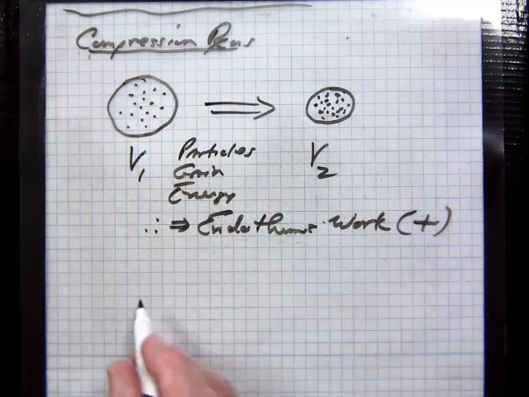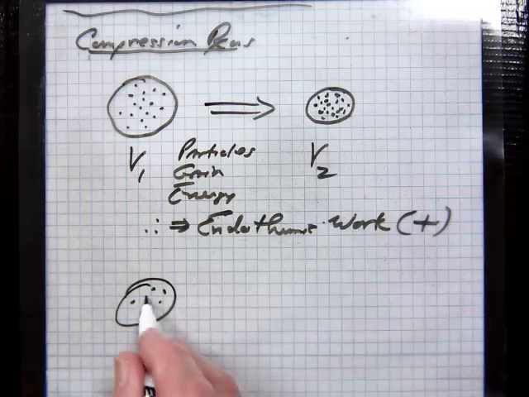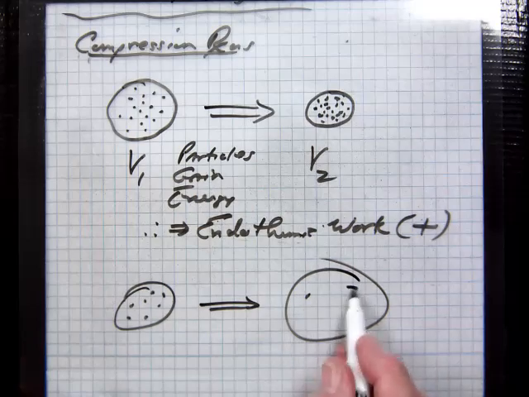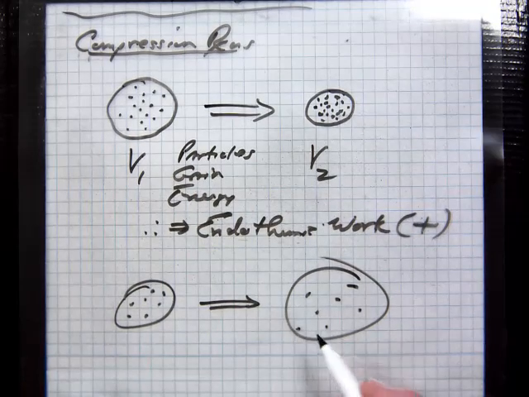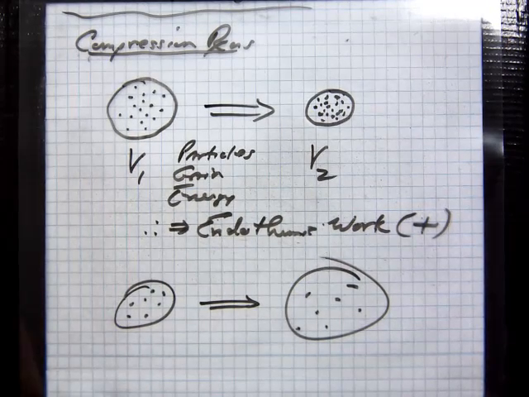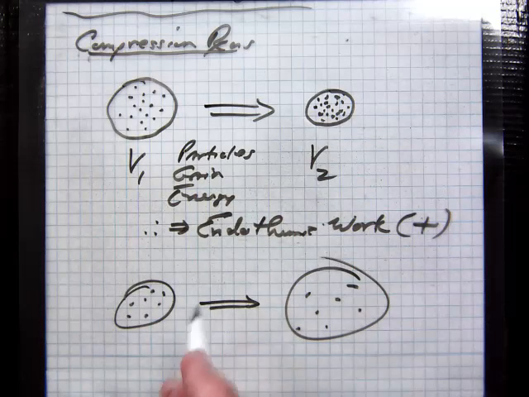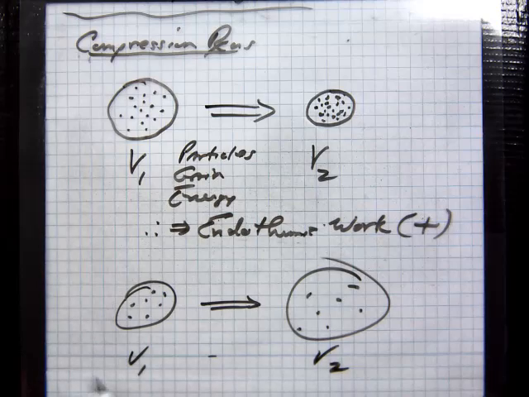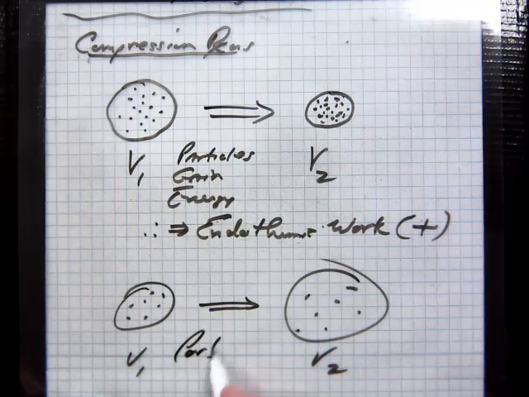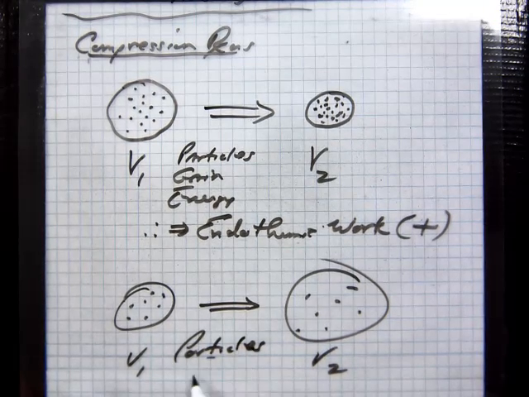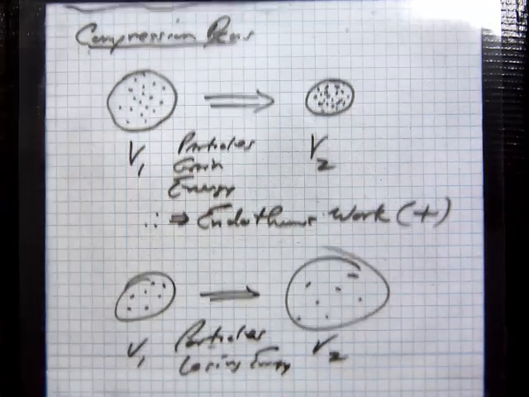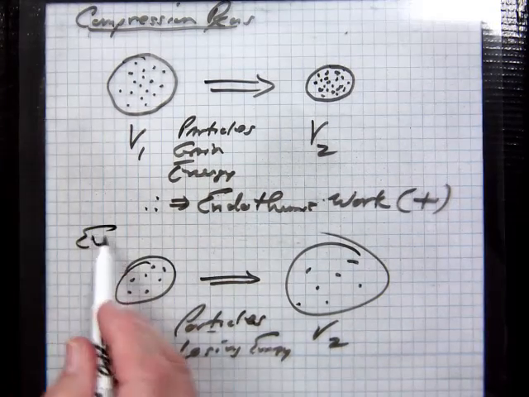On the other hand, if you start at a small volume and go to a larger volume with the same number of particles, they're further apart. I think of them as relaxing. It's like removing the walls and letting them move out away from one another. So from V1 to V2, particles are losing energy. And the expansion, I should put that up here.